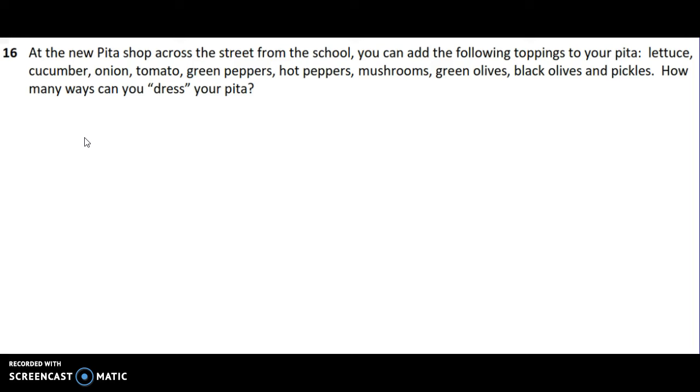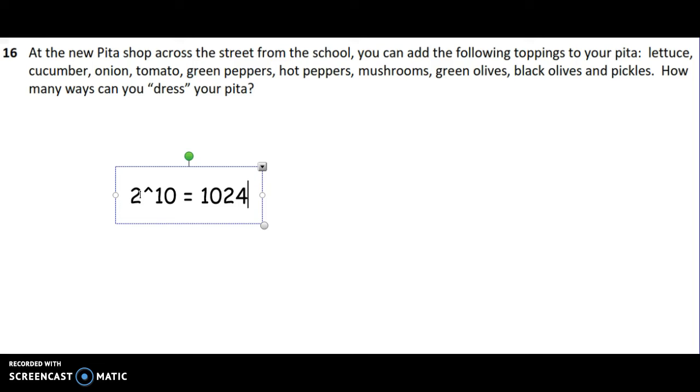We have 1, 2, 3, 4, 5, 6, 7, 8, 9, 10 all together. So what that means is the number of ways to dress our pita will be 2 to the exponent 10, which is equal to 1024.